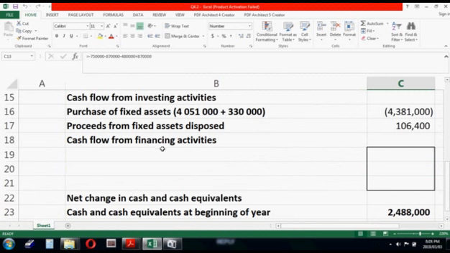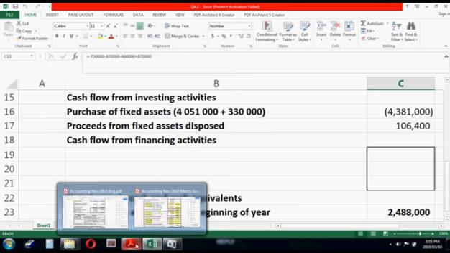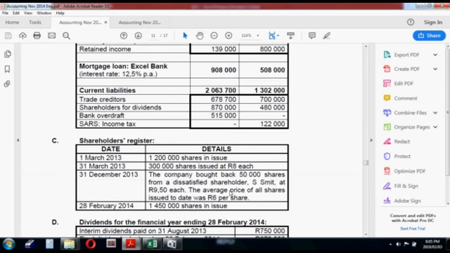Next we are focusing on the cash flow from financing activities. So point number C indicates the data regarding shares. We know one of the ways to obtain financing is to issue shares.